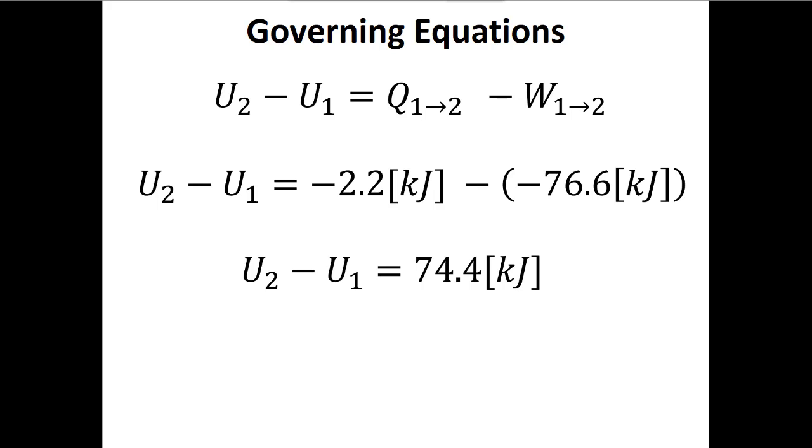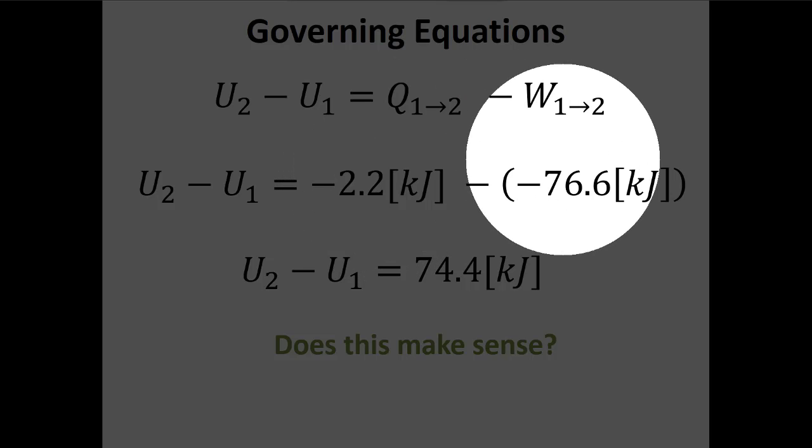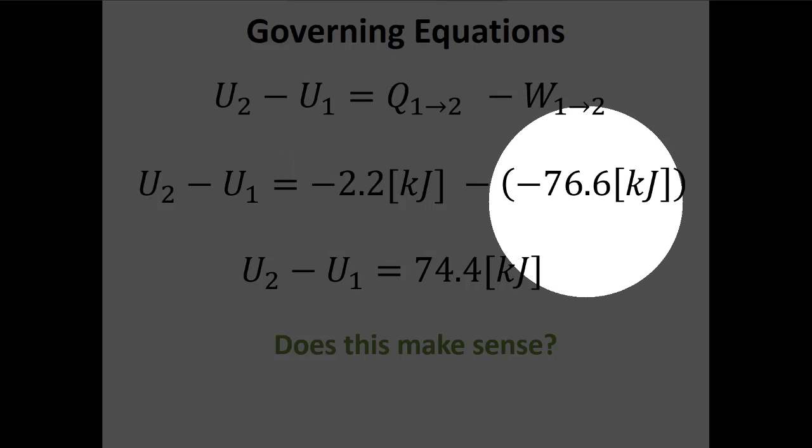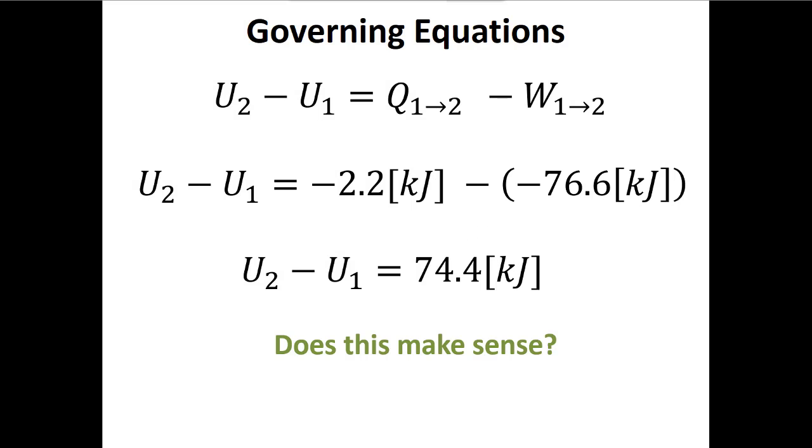If the problem only asked me for the change in internal energy, then I would be finished. But it asked me for the change in specific internal energy. So here I guess we can also ask, does this numerically make sense? We had heat that was leaving, that's negative. We have work that's also negative, but this is the negative of a negative, so it becomes positive.